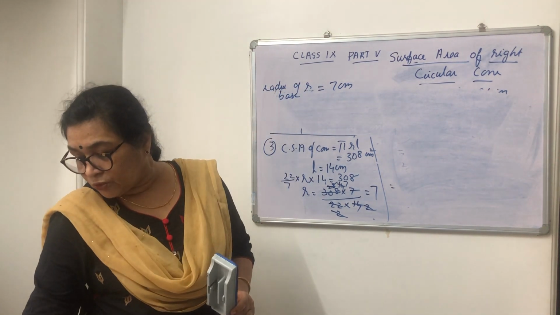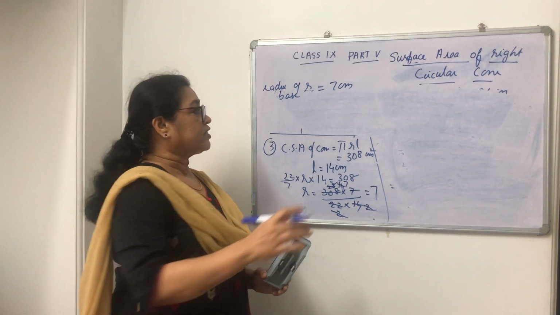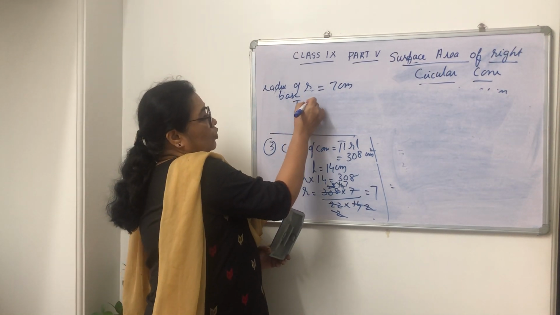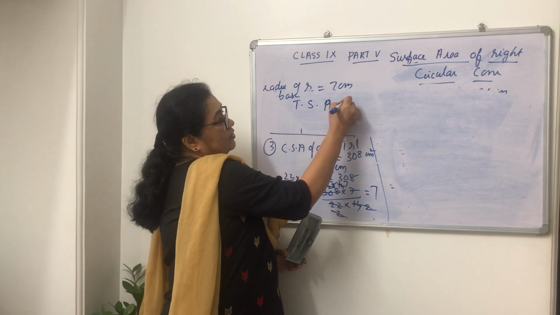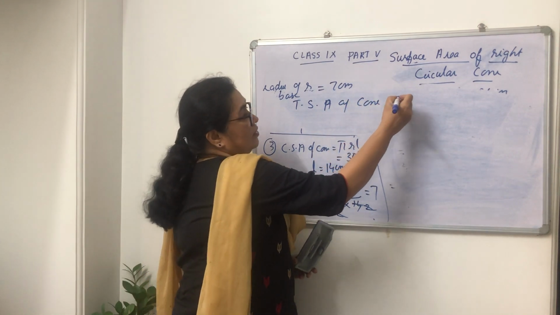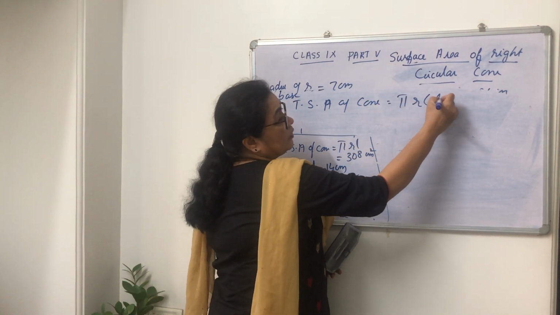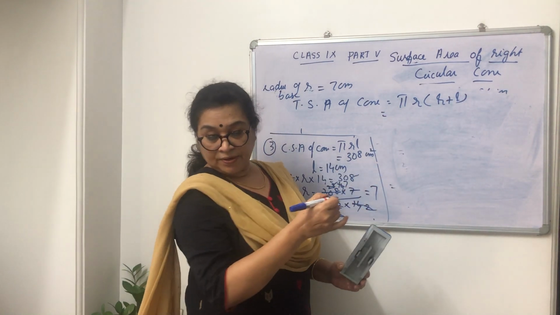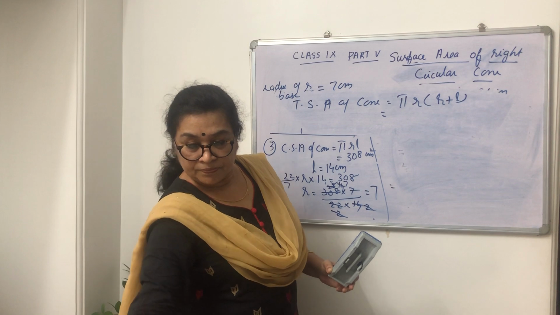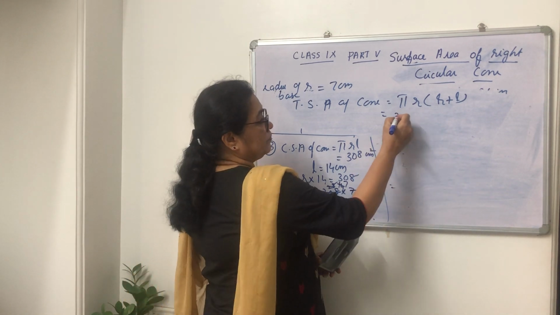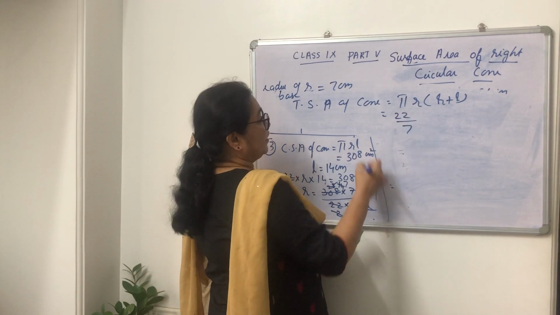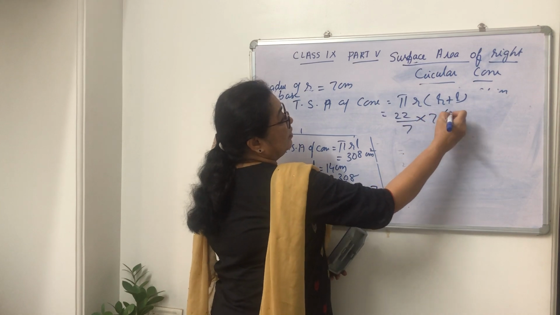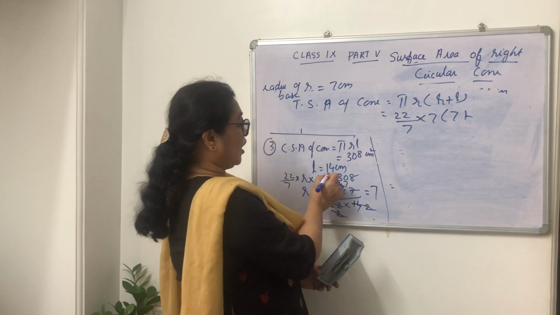Then the second part, you need to find out the total surface area of the cone. The total surface area of the cone is pi r into r plus l. Pi is 22 by 7, the radius is 7, this is 7 into r plus l.